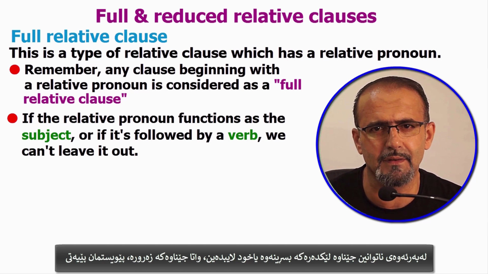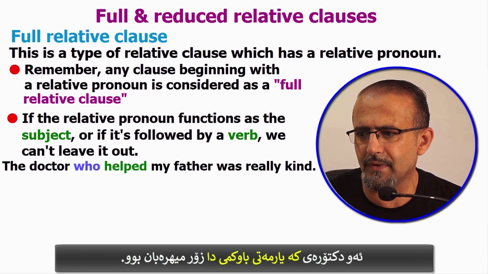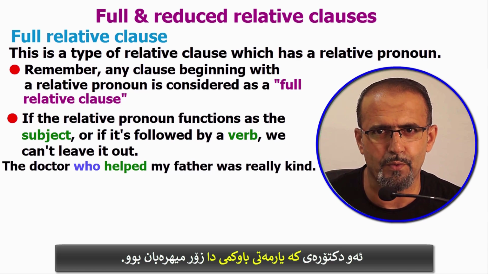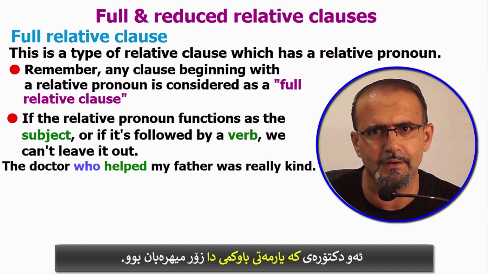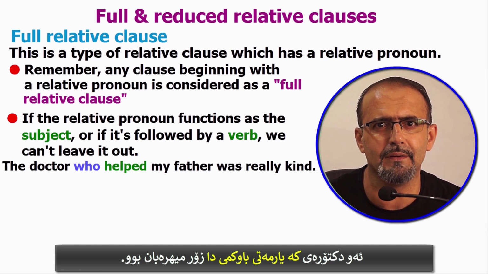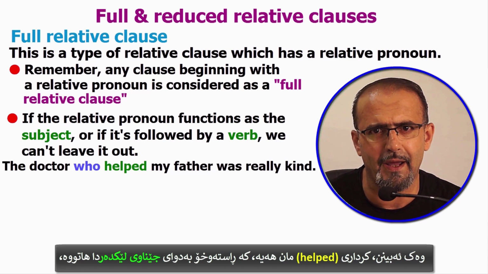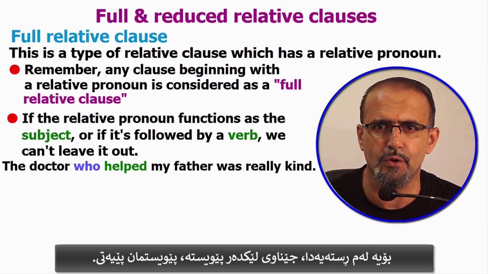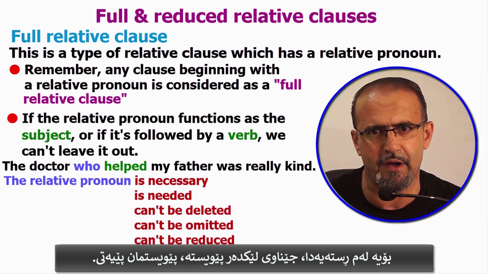Because we cannot delete or reduce the relative pronoun, that means it's necessary. We need it. For example, the doctor who helped my father was really kind. As you can see, the verb helped came directly after the relative pronoun. So, in this sentence, the relative pronoun is necessary.